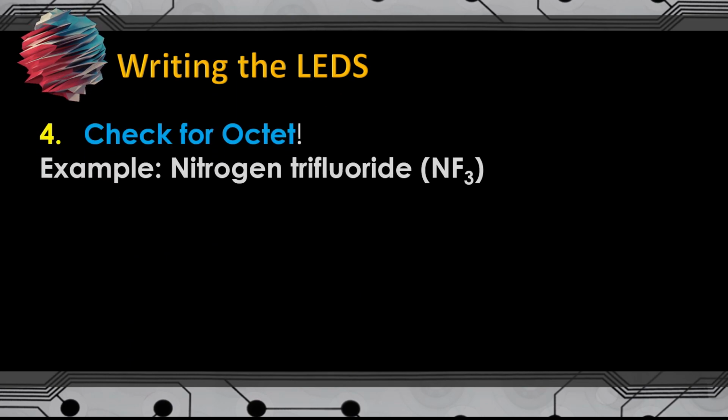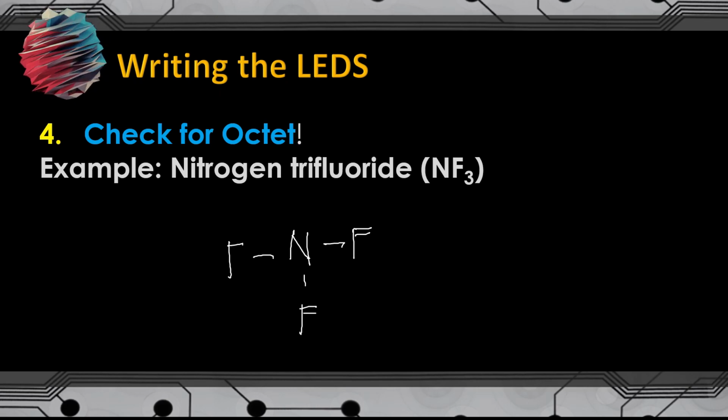The last step is to confirm the stability by checking the octet. Let's count if each atom already has 8 electrons in their valence. So each fluorine has 6 lone electrons plus the bonding pair, and the lone pair of nitrogen.